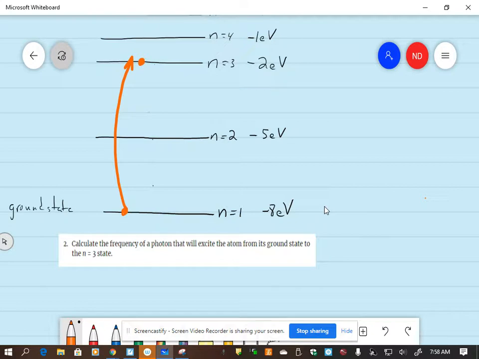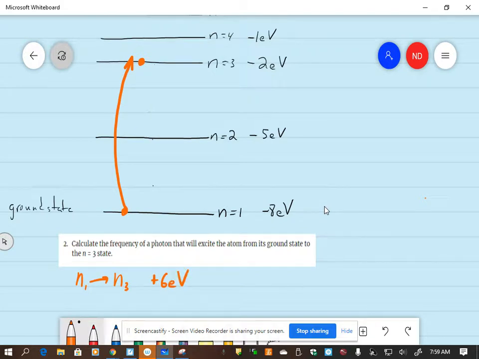So it's got to absorb a photon of 6 electron volts, going from -8 to -2. From n equals 1 to n equals 3, you need to add 6 electron volts.